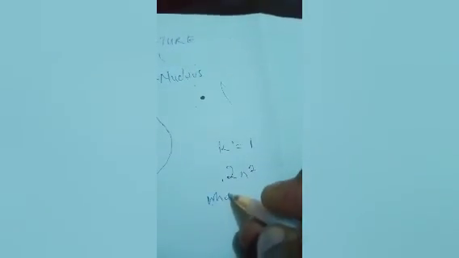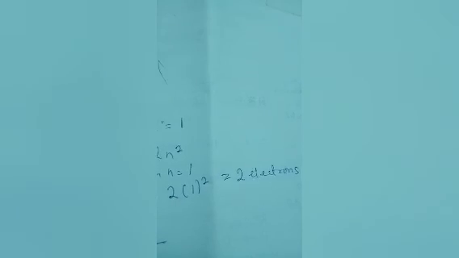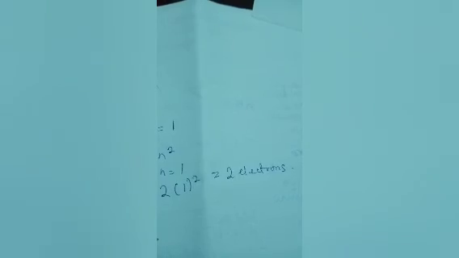So since K shell is number 1, when n equals 1, our K shell will contain 2 times 1 squared, and that will give us 2 electrons. In other words, the K shell can only contain 2 electrons.